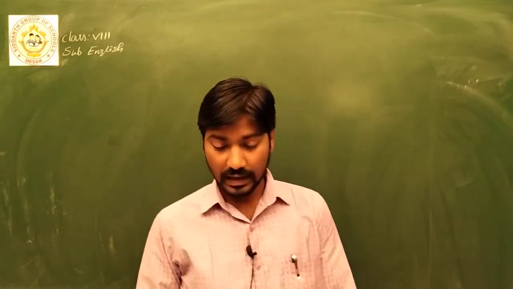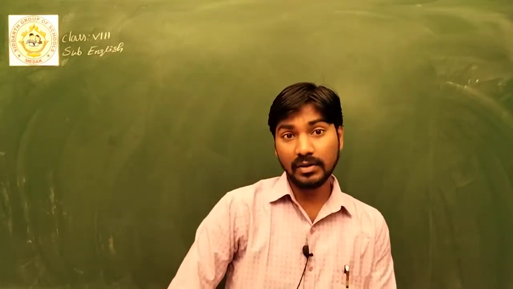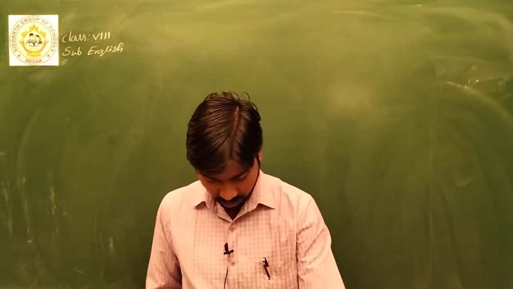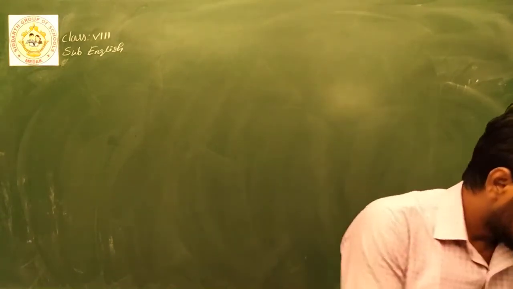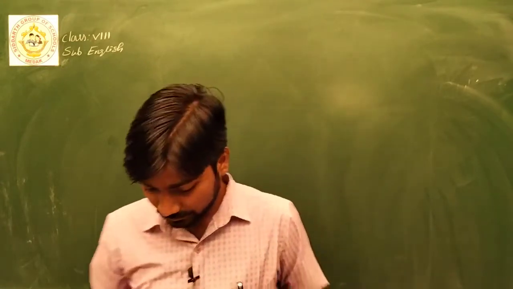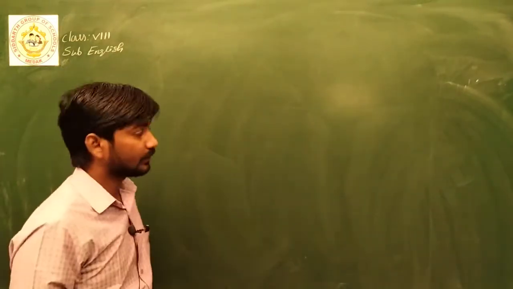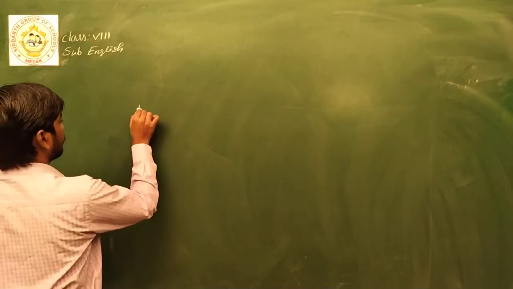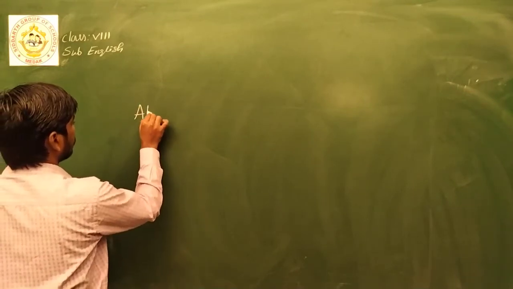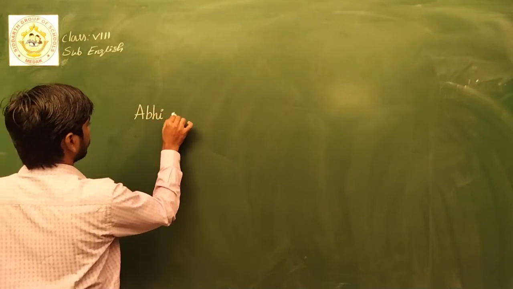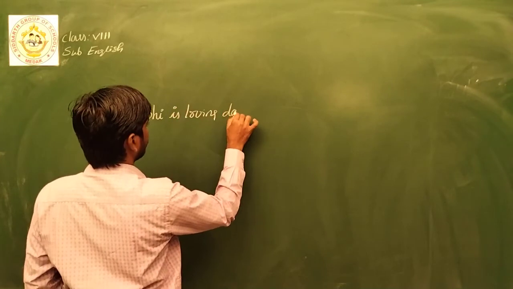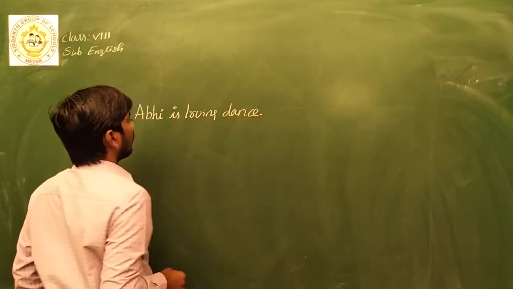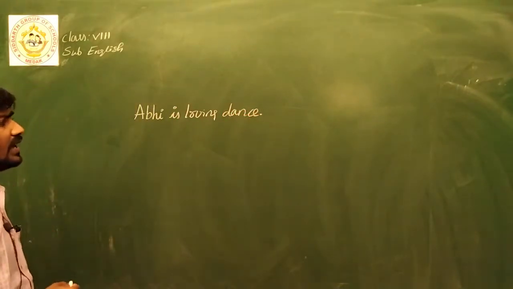Right. Next, continuation, children. Examples for each state, I'm going to give you now. Number 1. Somebody said, Abhi is loving dance.